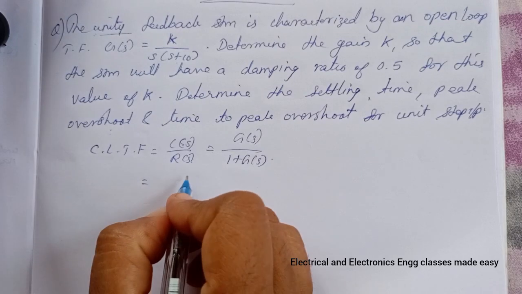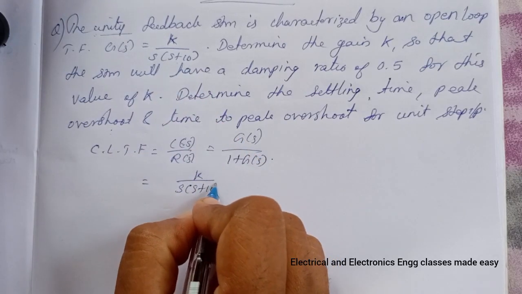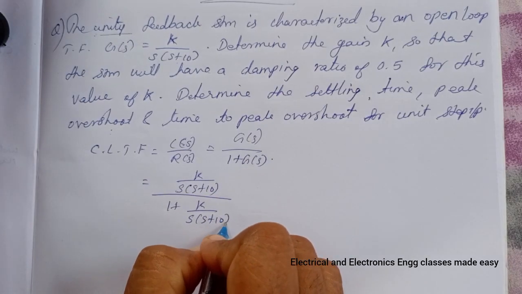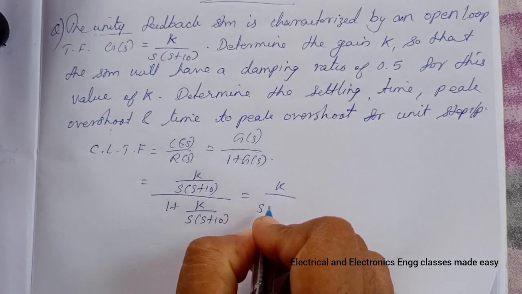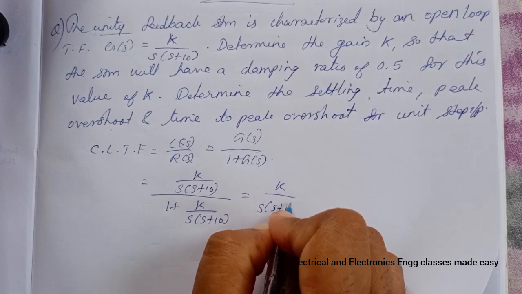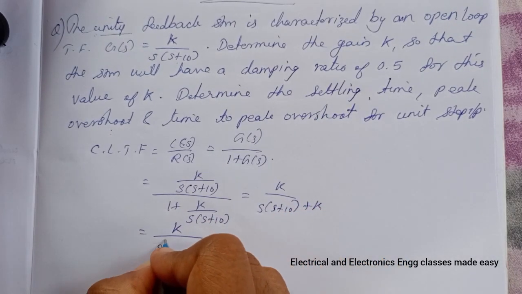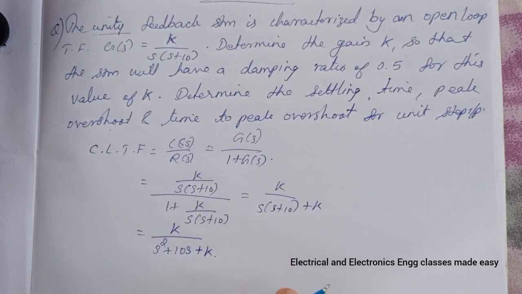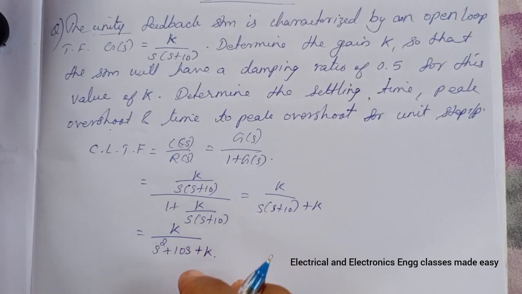So here we get G of s is K divided by s into (s plus 10) divided by 1 plus K divided by s into (s plus 10), and that is equal to K divided by s into (s plus 10 plus K), and that is K divided by s square plus 10s plus K. So this is the closed loop transfer function.